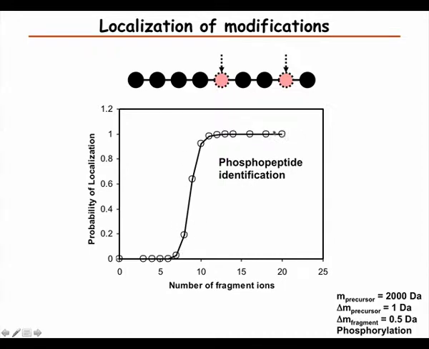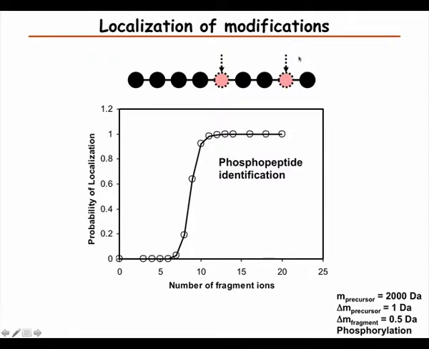So if we look at this, we can look at, for example, where we can identify 50% as a measure of how well we are doing under different conditions. This is now for identification. We have this 50% point at around 7 or 8 fragments.